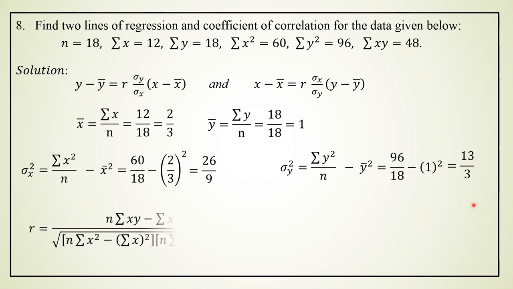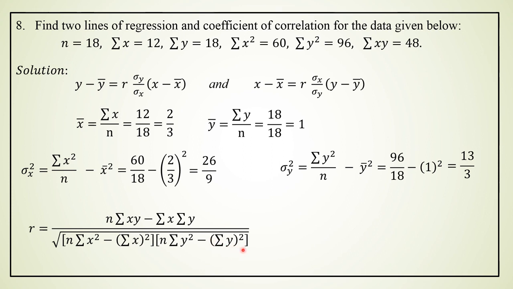Then to calculate the coefficient of correlation, I am going to use the formula r is equal to n into summation of xy minus summation of x into summation of y, divided by square root of n into summation of x square minus summation of x whole square, into n into summation of y square minus summation of y whole square.